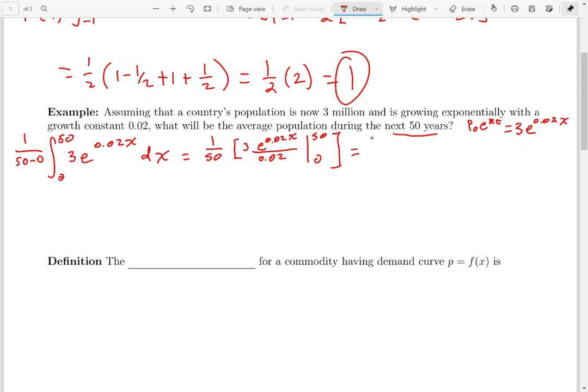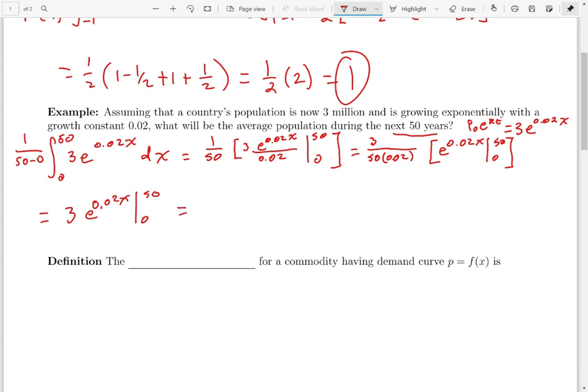And that's really the same thing as 3 times 1 is 3, divided by 50 times 0.02, all times, and then we're just taking our definite integral e to the 0.02 x from 0 to 50. But then 50 times 0.02, that just gives me 1, and so I get 3 times e to the 0.02 x from 0 to 50, just cleaning it up a little bit before I do the calculation.